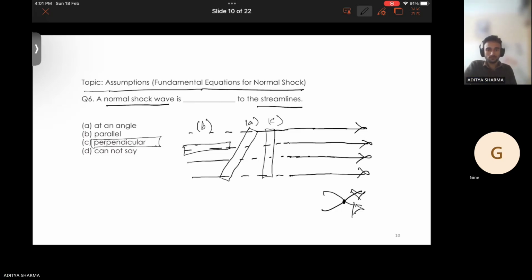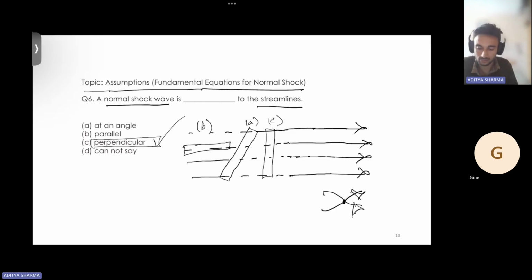Okay. Harshit says this is the right answer. So Harshit is correct.